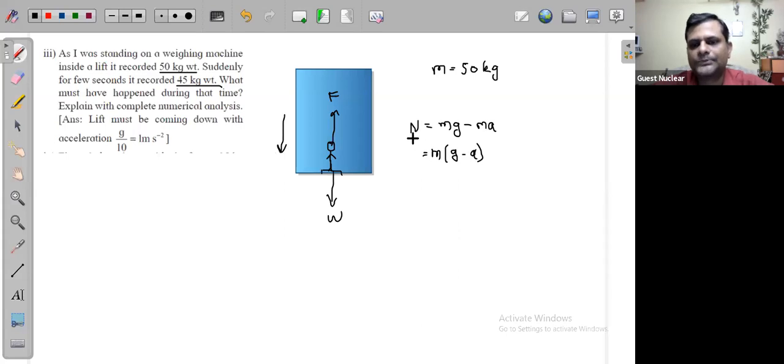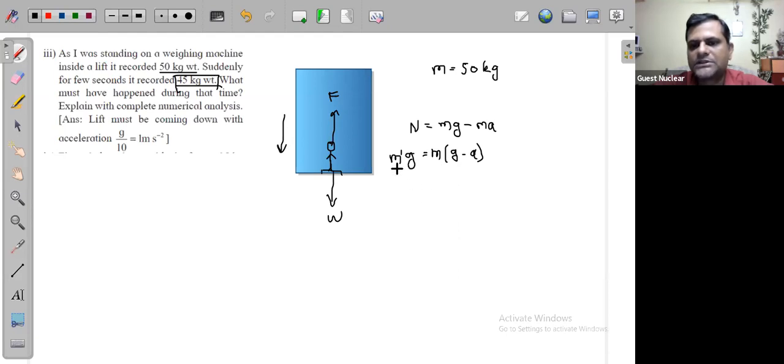But the normal reaction is expressed as, here the normal reaction is what we are getting as 45 kilogram weight. So we can express this normal reaction as m dash into g, where m dash is the weight shown by the weighing machine.